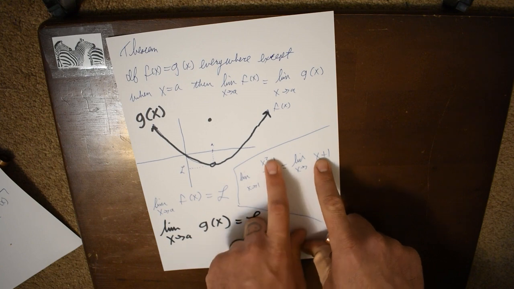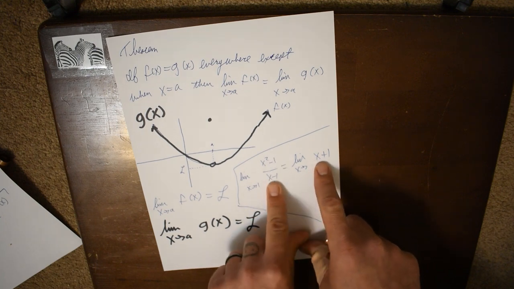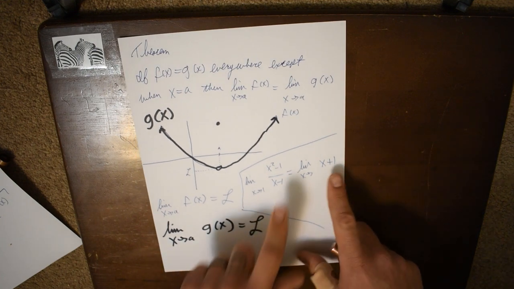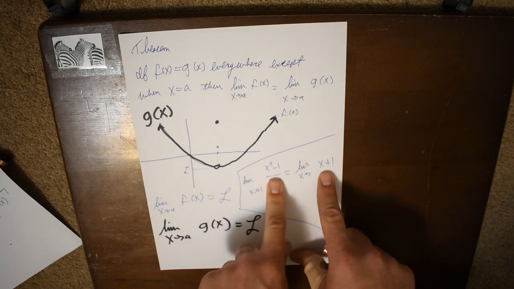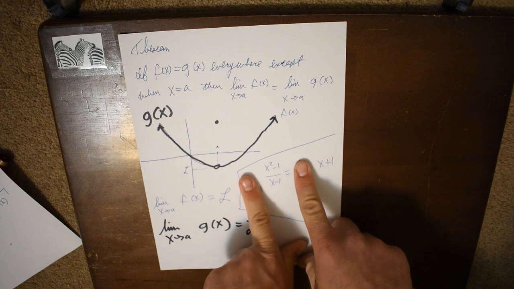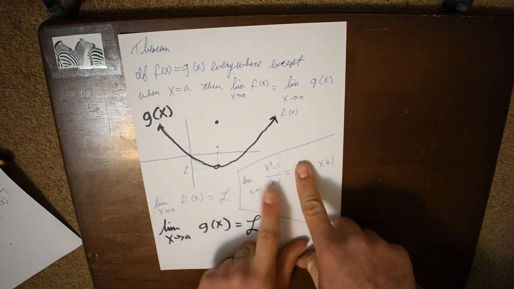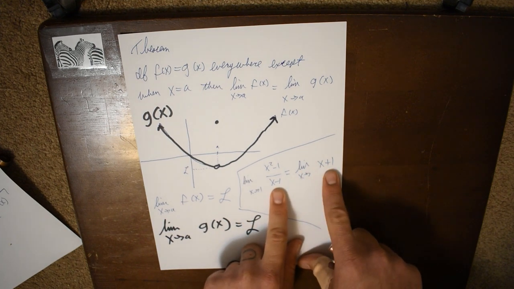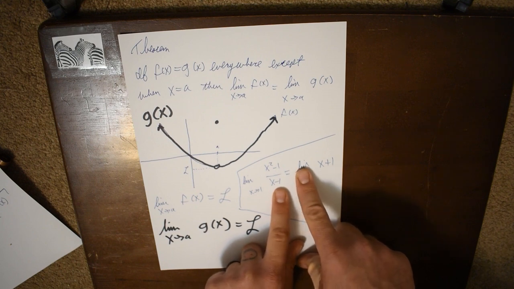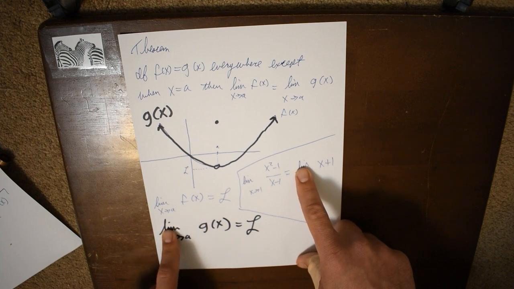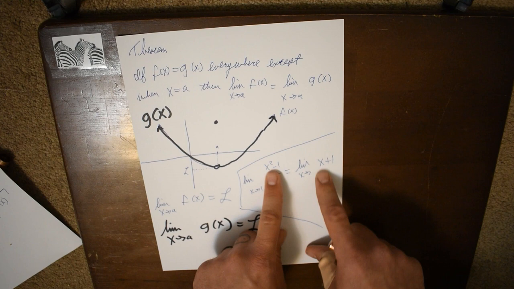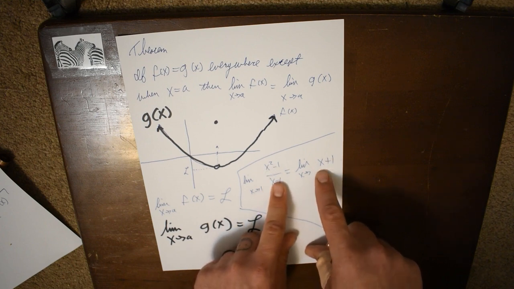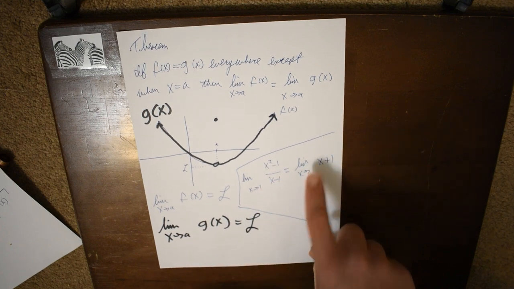If you were to graph these, I'd graph them in Desmos. I graph everything in Desmos because it's colorful and free. If you were to graph these two functions without their limit, they look exactly the same. This thing looks like the line x plus 1, except it has a hole at the point x equals 1. So this theorem is really giving us a justification for why we can simplify polynomial functions and then just evaluate the limit.